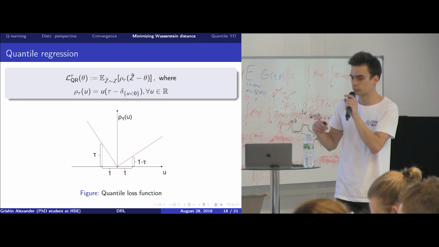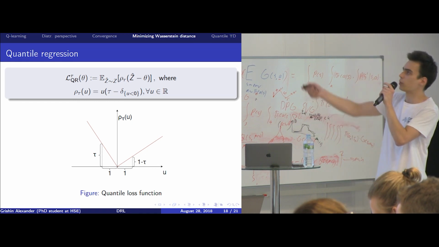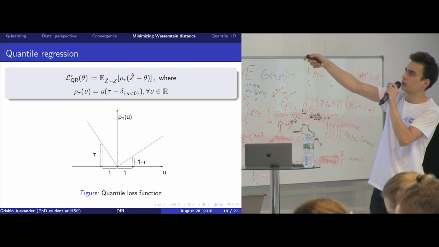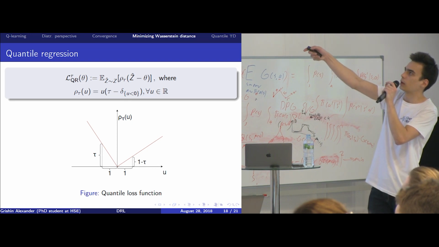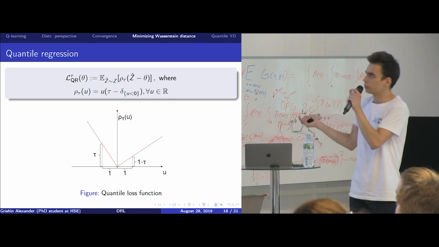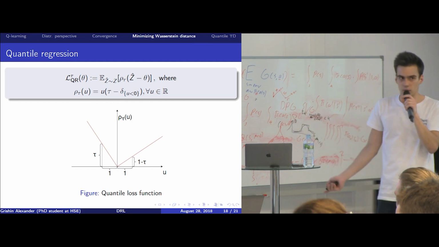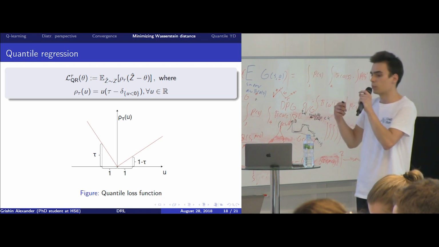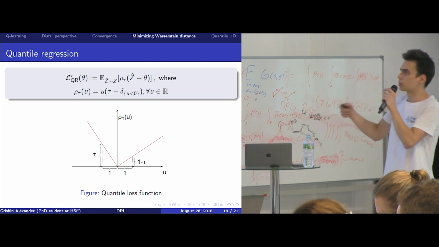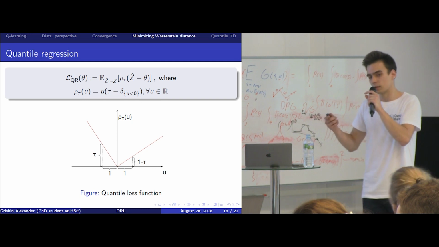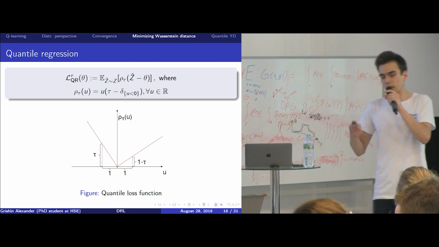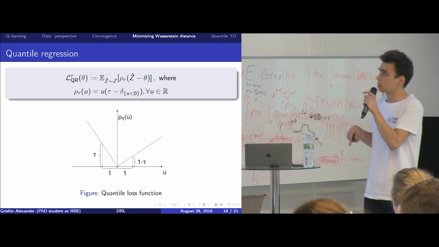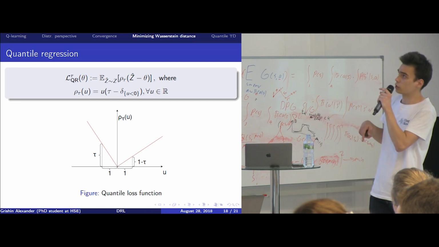If we minimize this loss, we have a sample Z and the current estimate theta of the quantile. The difference is penalized by tau if we overestimate it, and by 1 minus tau if we underestimate it.